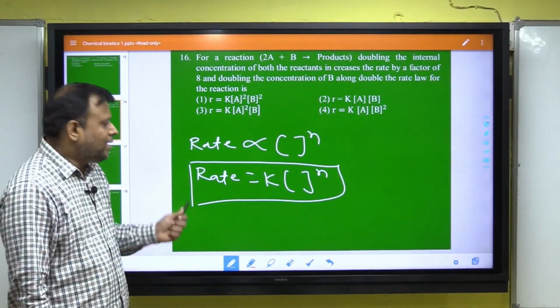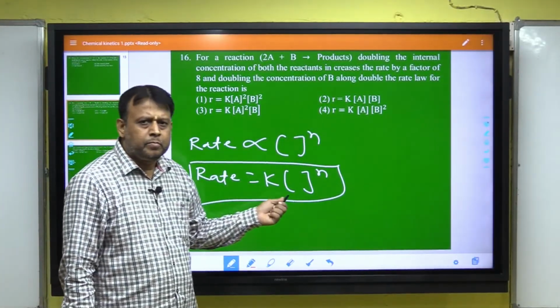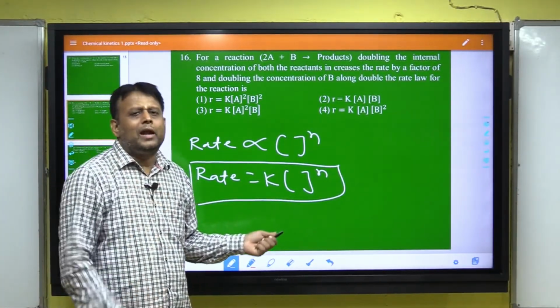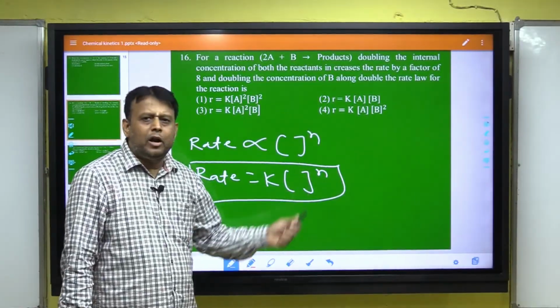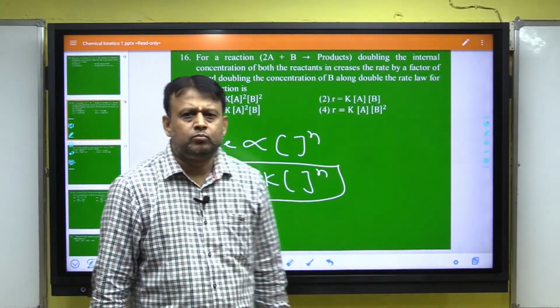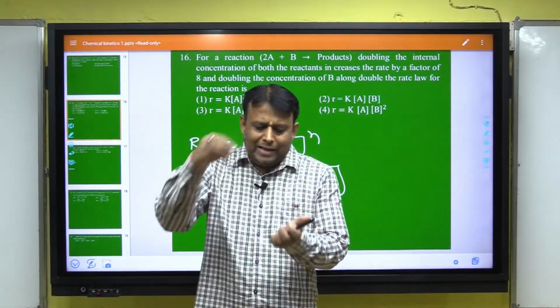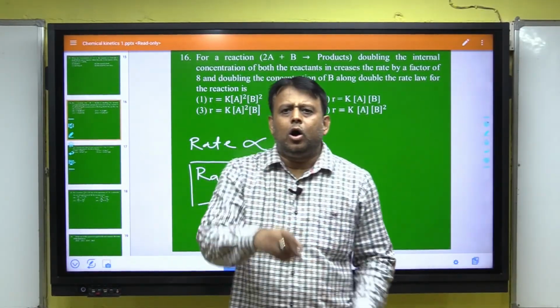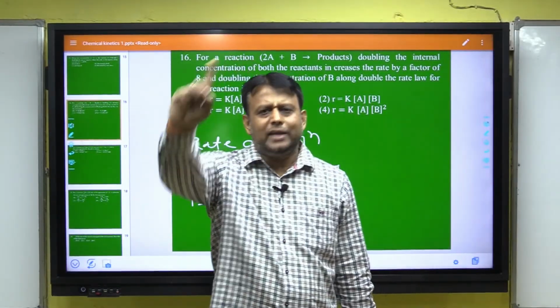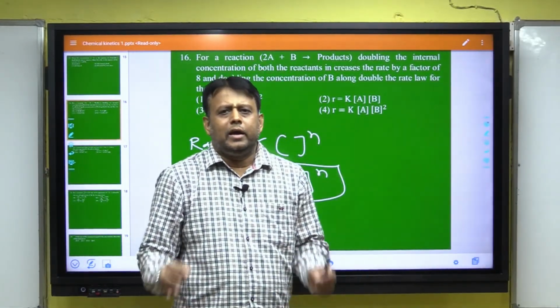Clear? But in case of an elementary chemical reaction, the power of the concentration term is also obtained from experiment, but the experimental power is always equal to the coefficient of the reactant. Clear?